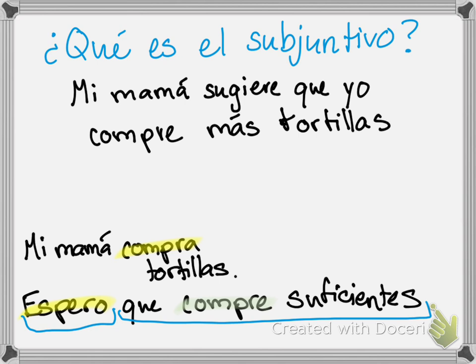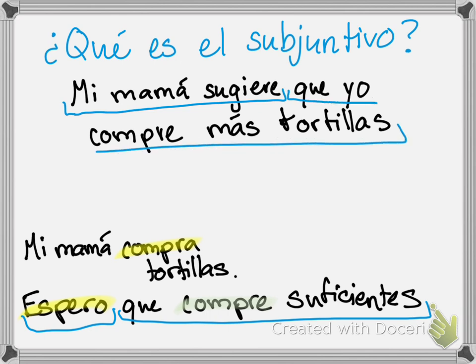She's like, go buy more. So here I have mi mamá sugiere, which is my independent clause. Independent, it can stand alone. Mi mamá sugiere. And then I have my subordinate clause, que yo compre más tortillas. And compre, once again, is in my subjunctive tense, whereas sugiere is still in my indicative tense.